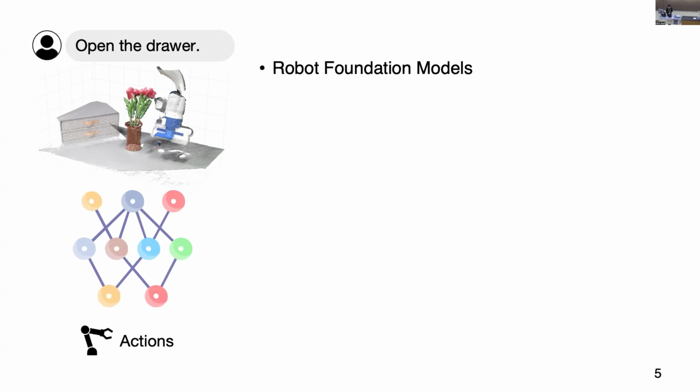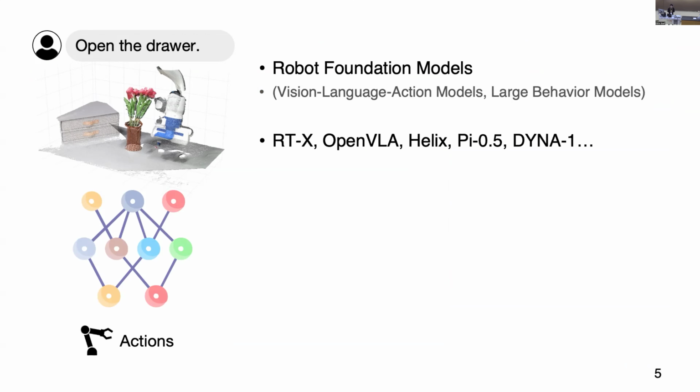People call them robotic foundation models. There are many other names like VLAs or large behavior models. But essentially, they are all describing generally similar types of things. There are many existing models like RT-X, OpenVLA, Pi 0.5, etc. Those are great works in pushing these frontiers forward.